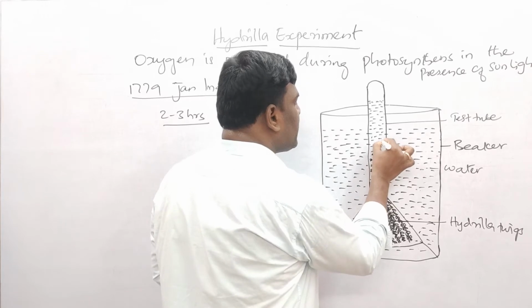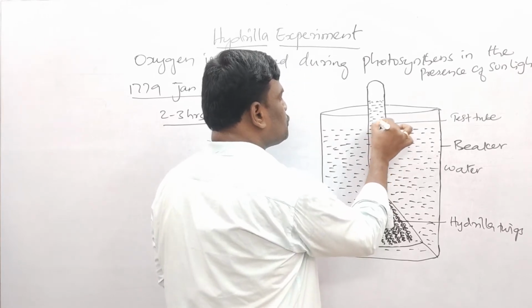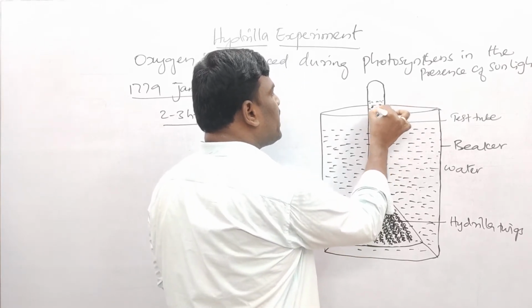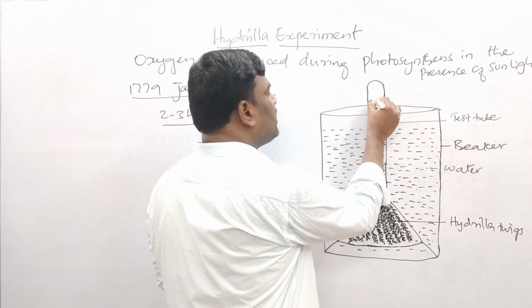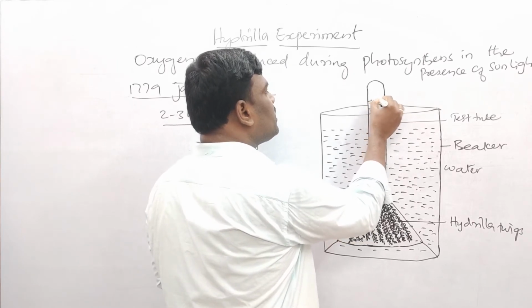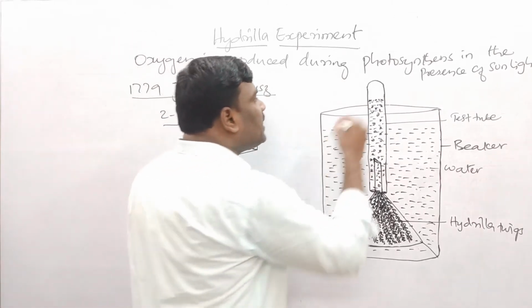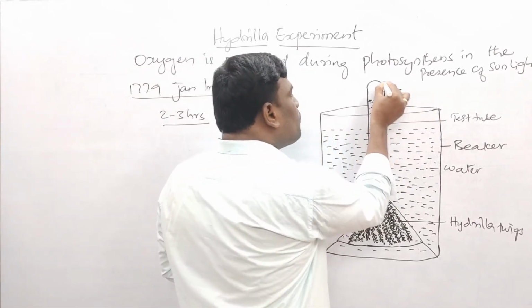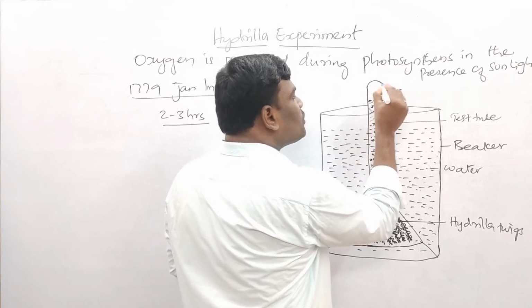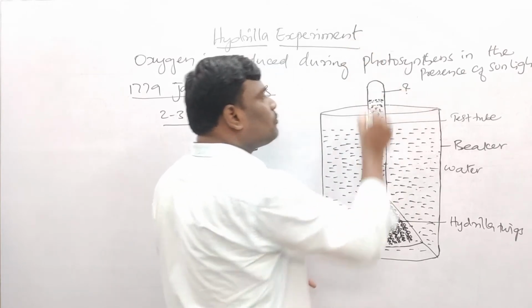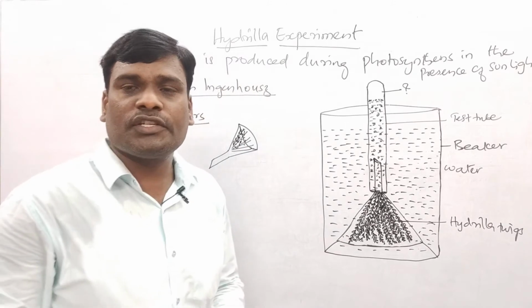Okay, so we see air bubbles in the test tube, and all these air bubbles are collected at the top of the what children? Test tube children. Okay, right? So at the top of the test tube there is some what children? Gas. Let us find out what that gas is, isn't it children?